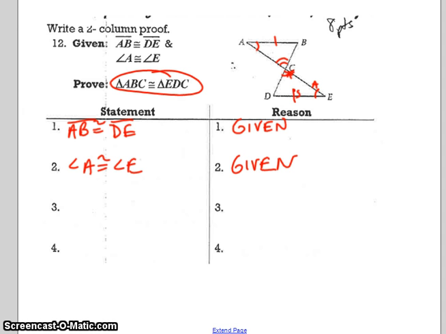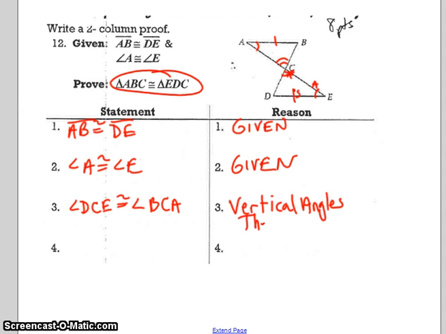So we could say that angle DCE is congruent to angle BCA because they're vertical angles. So now we have angle, side. We know that the two triangles are congruent.